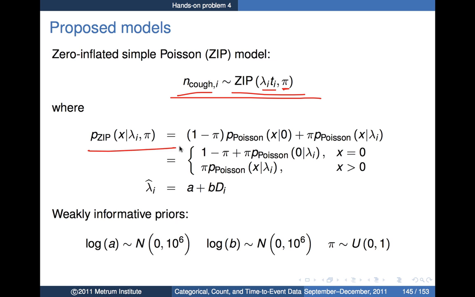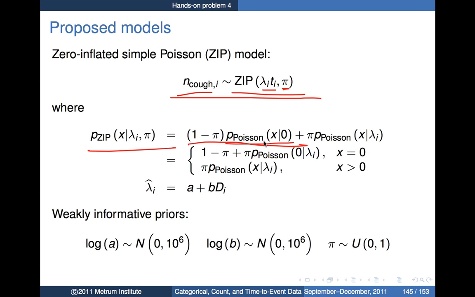And I've written this out this way, by the way, in a way that makes it consistent with the way we'll implement it in WinBUGS. So you've got the first term, which is 1 minus pi. So this is the probability that the observation comes from that distribution, which says it's always 0. And I've written this actually in terms of a Poisson with a mean of 0.